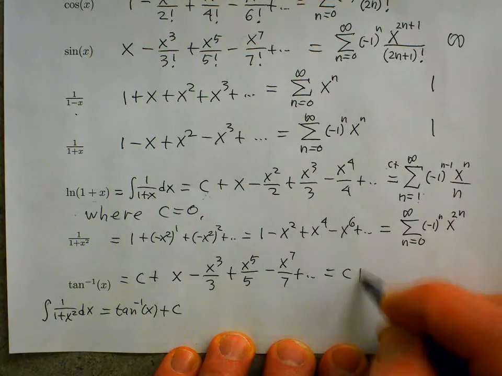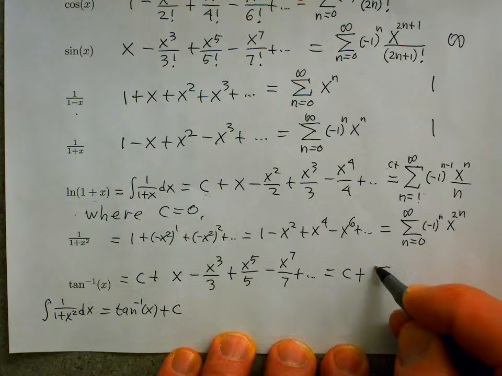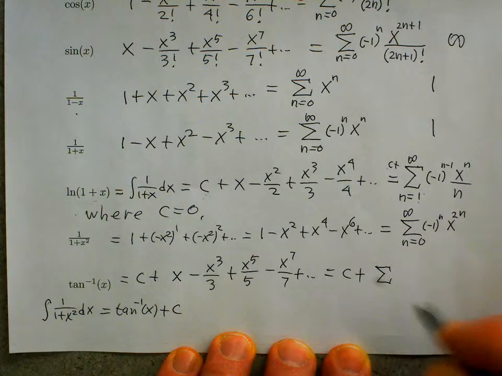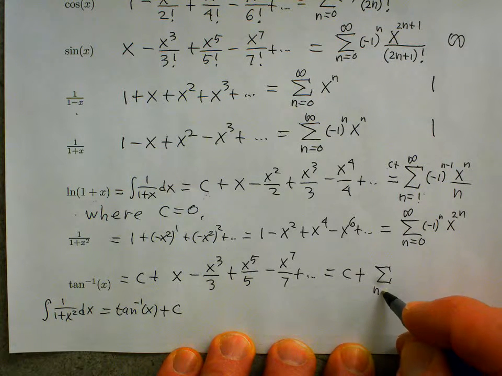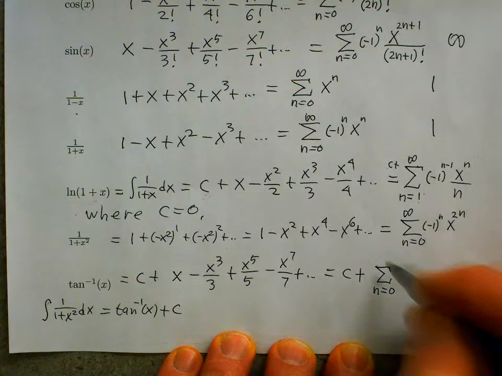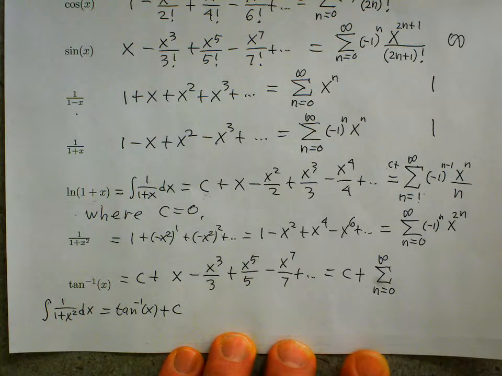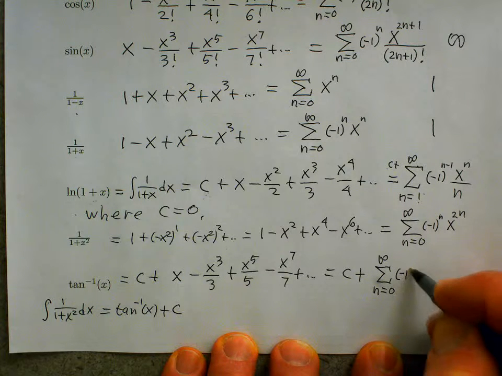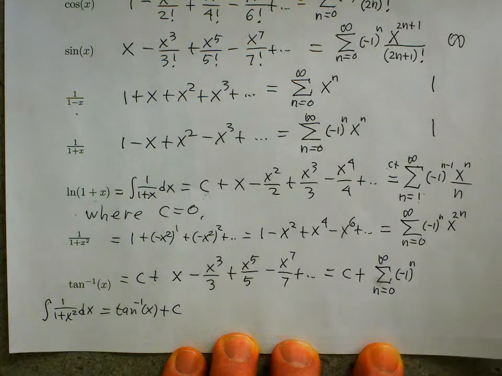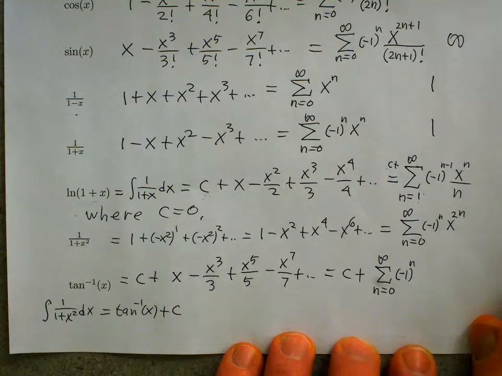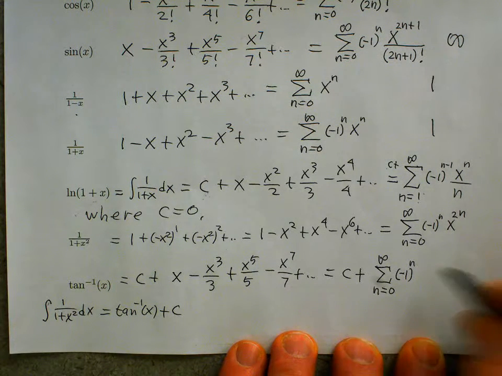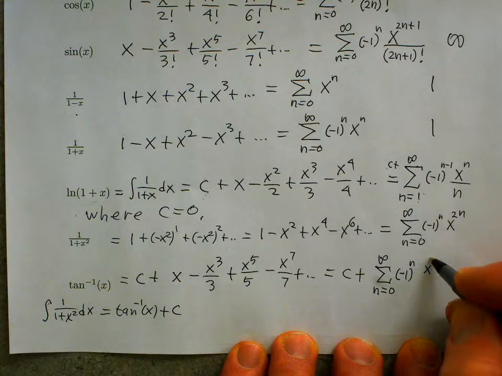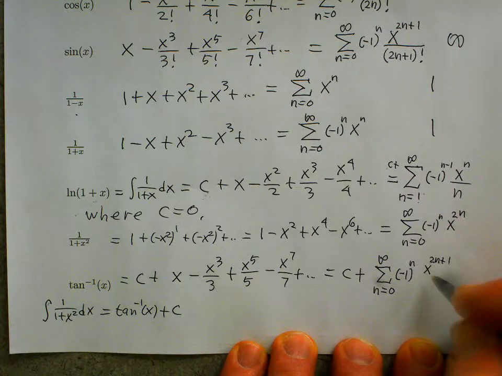So c plus, and then in sigma notation, from n equals 0 to infinity, alternating series, so negative 1 to the n, and so the terms will be x to the 2n plus 1 over 2n plus 1.